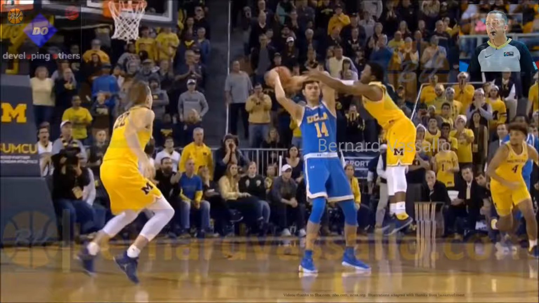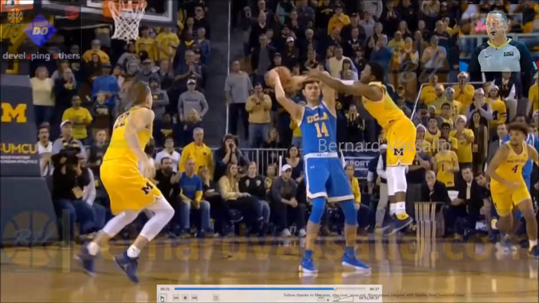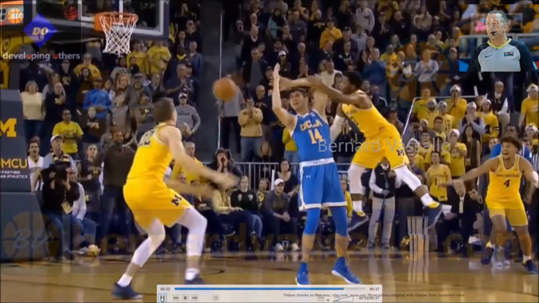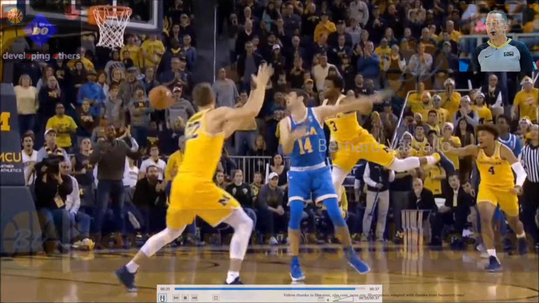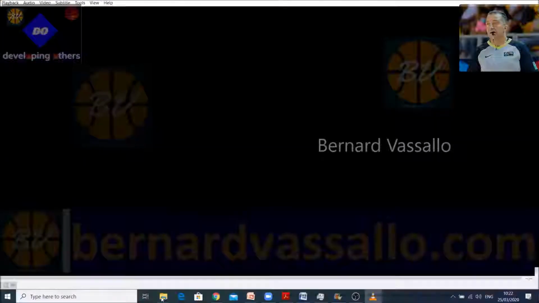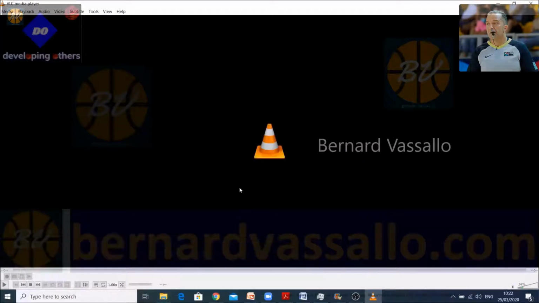That contact clearly is not marginal, like the contact we saw before, the example with Russell Westbrook. Here the contact is clearly affecting the play, affecting blue 14. In fact, with that contact, blue 14 loses control of the ball, and that is a foul.